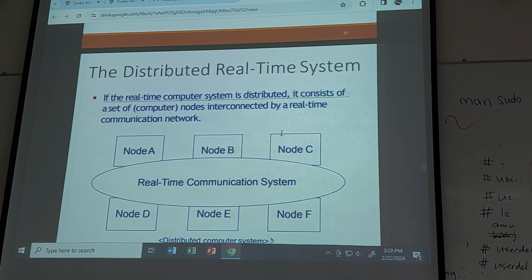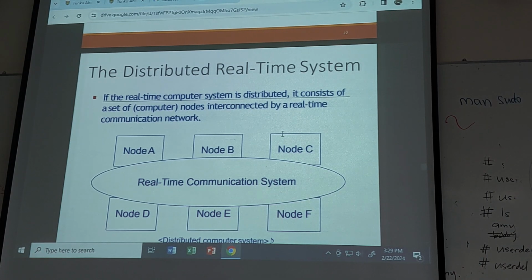So node A, node B, basically these are the computers, microprocessors. They are computing their own job or doing their own task, and then they share the data. And this data needs to travel to the respective destination in real time. So you need a real-time communication system.